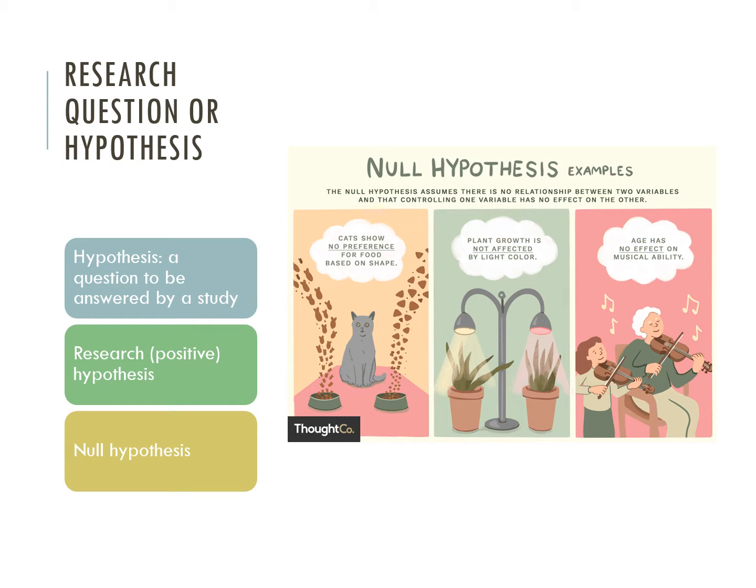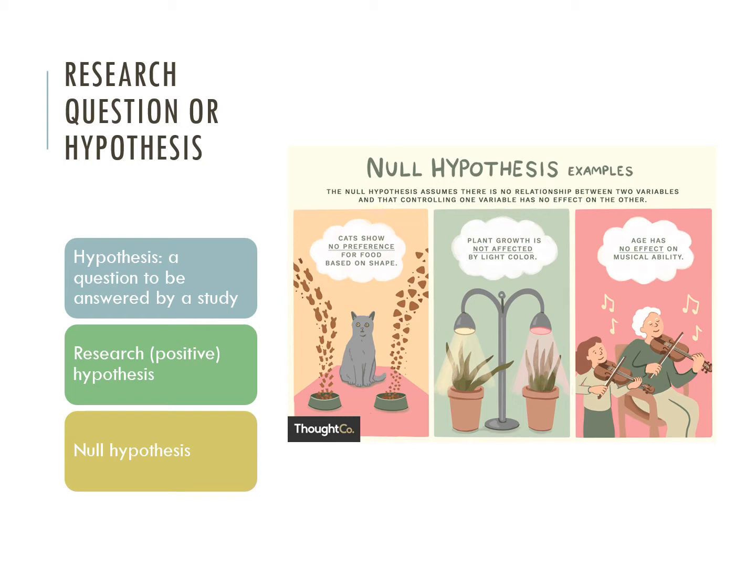Maybe in this study, the individual is trying to see whether the pink light retards growth, or the yellow light retards growth for this plant. The null hypothesis, the thing we're trying to accept or reject, is that the color of the light won't affect the plant growing.